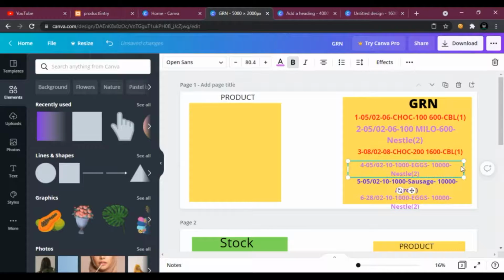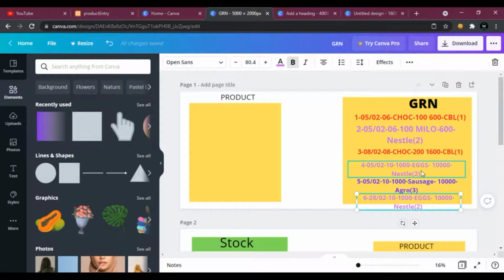Also on the 5th of February, Nestle provided eggs, product name eggs. And on the 28th of February, the Nestle supplier supplied the same type of product, eggs.